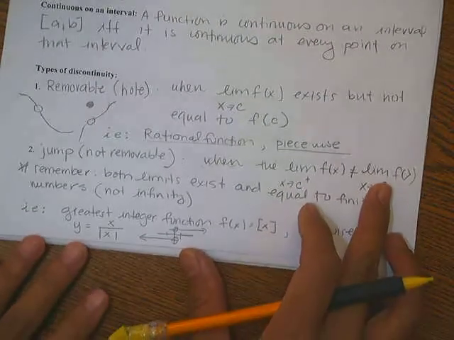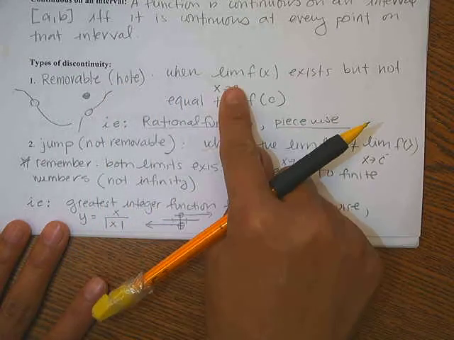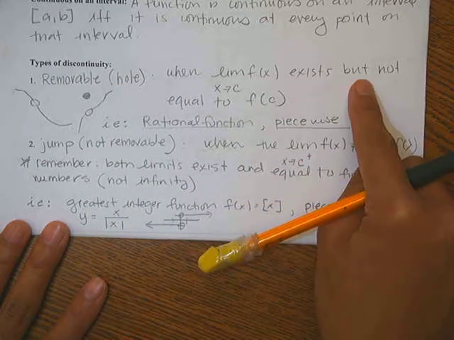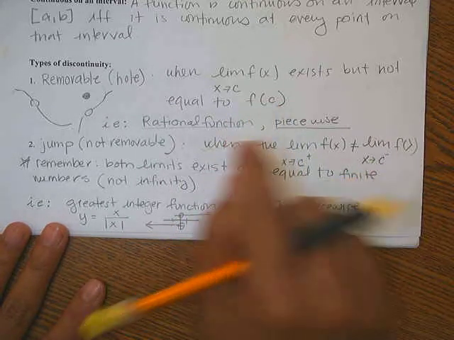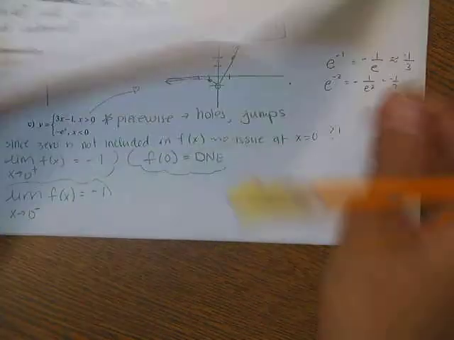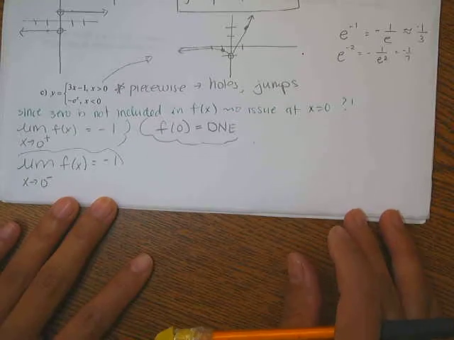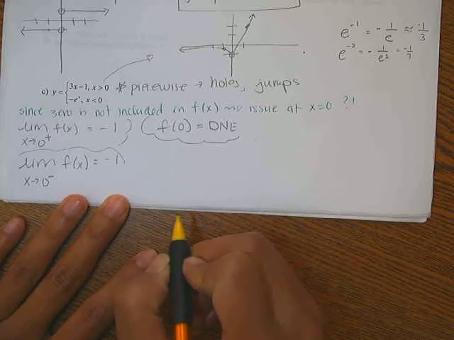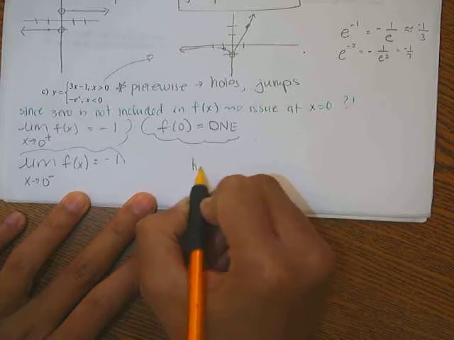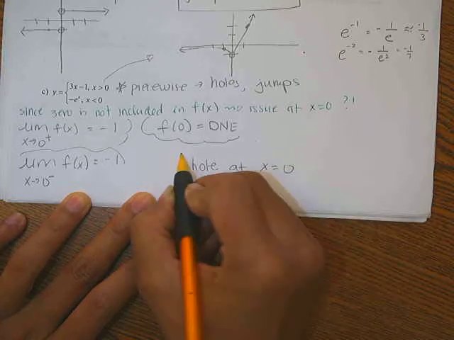A removable hole occurs when the limit of f of x exists but is not equal to f of c, which is true in this case. A hole is not always removable, just sometimes. Since this fits the definition of a removable hole, we have a hole at x equals 0.